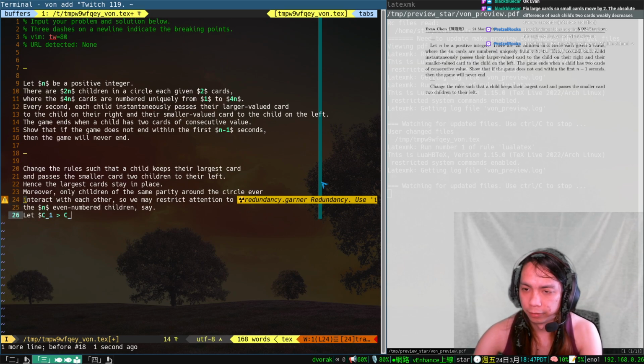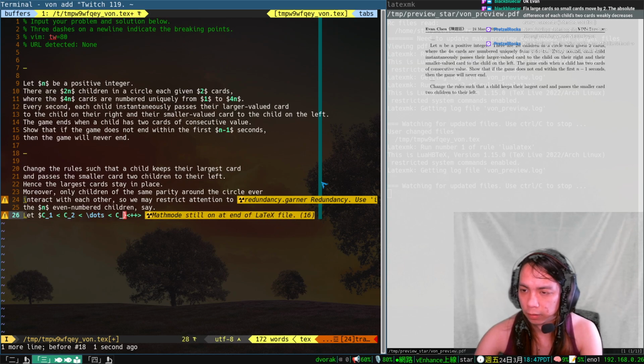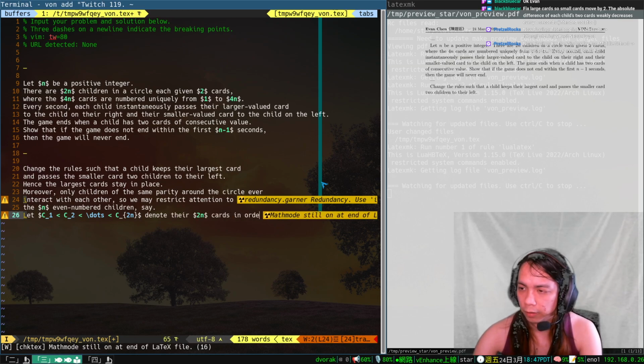Let C1 greater than C2, up to C2n, denote their 2n cards in order.